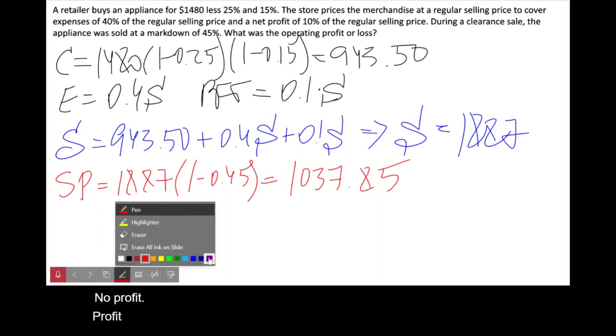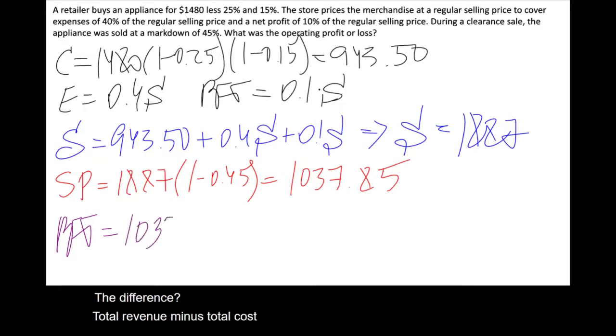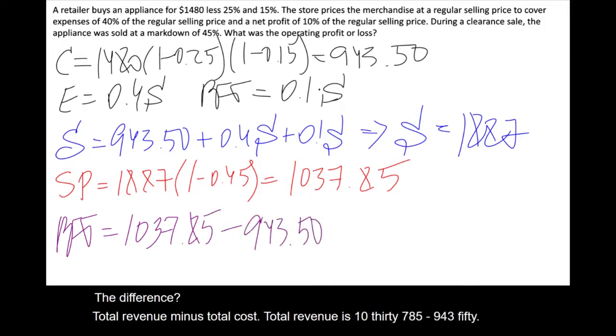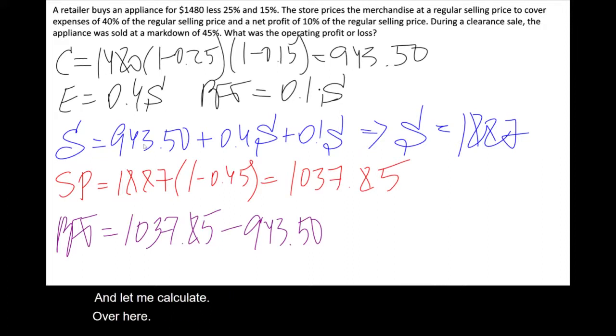Profit will be what? The difference, total revenue minus total cost. Total revenue is 1037.85 minus 943.50. And let me calculate somewhere here. Let me take a bright color. So 0.4 times 1887. 1887 times 0.4, 754.80.